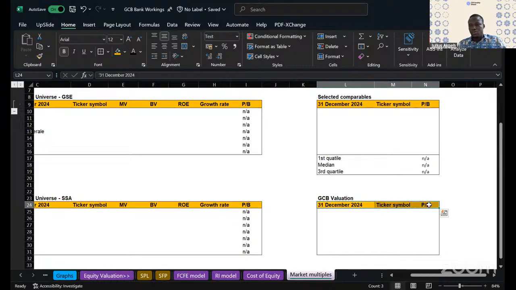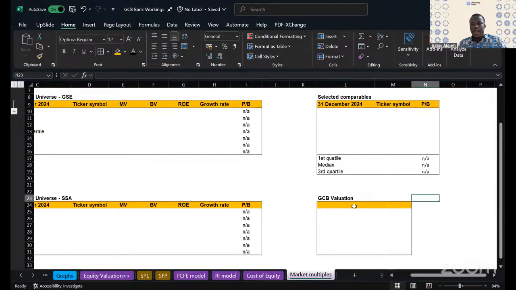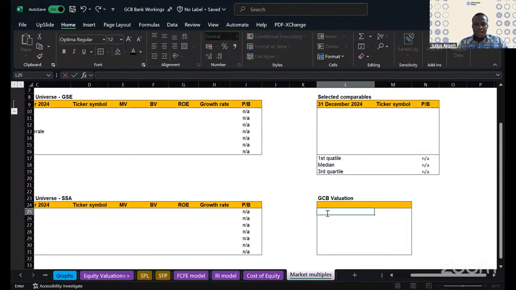I don't necessarily have to have these 3 columns. I just need one column for my valuation work. So I'm going to delete 1, shift to the left. And what I want here is GCB book value. So all we need is a book value.